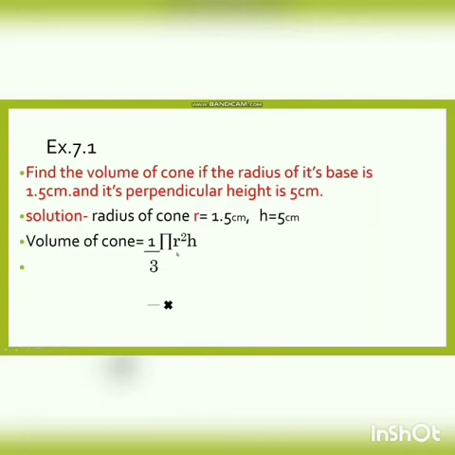Recently you see the formula of volume of cone is equal to 1/3 pi r square h. Now put the value of radius r is equal to 1.5 and h is equal to height 5 centimeter.